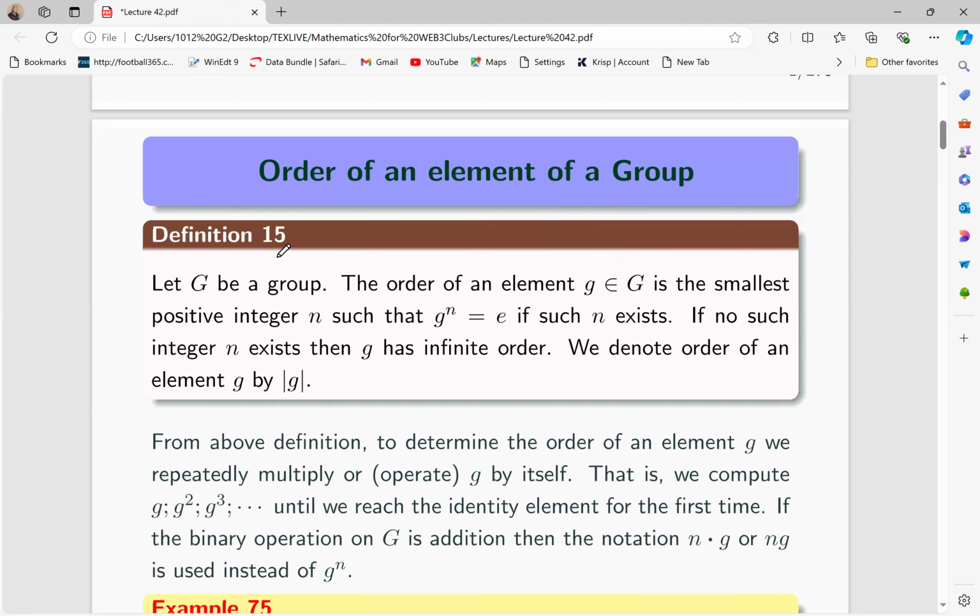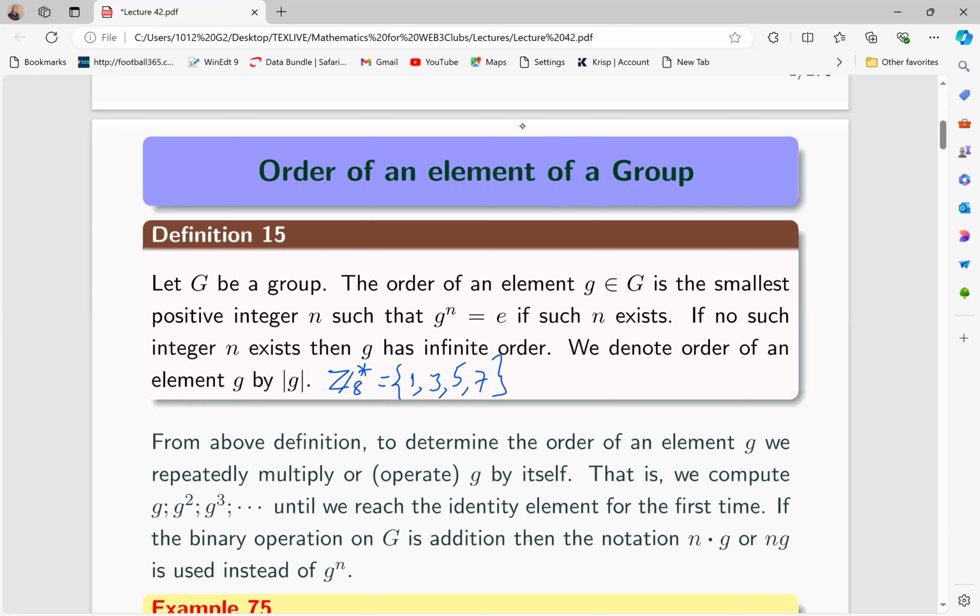But now when we talk of the order of an element, the definition I've given here is where the group is multiplicative. When the group is multiplicative, like the one we've seen, this group has elements 1, 3, the elements which are relatively prime, 5, and 7.